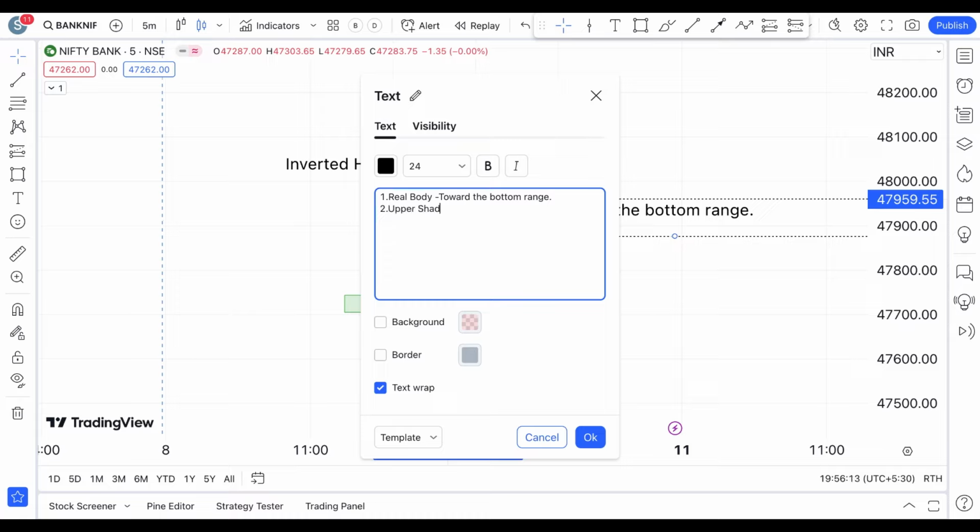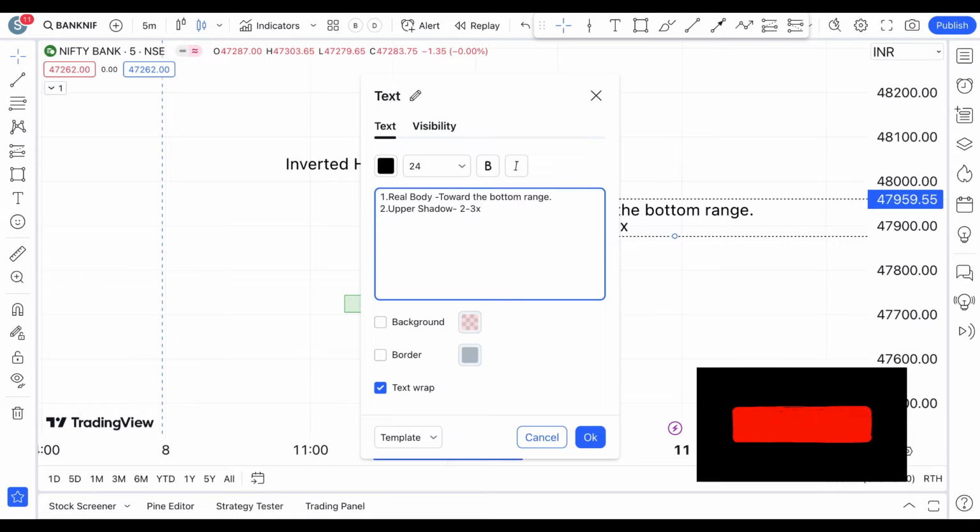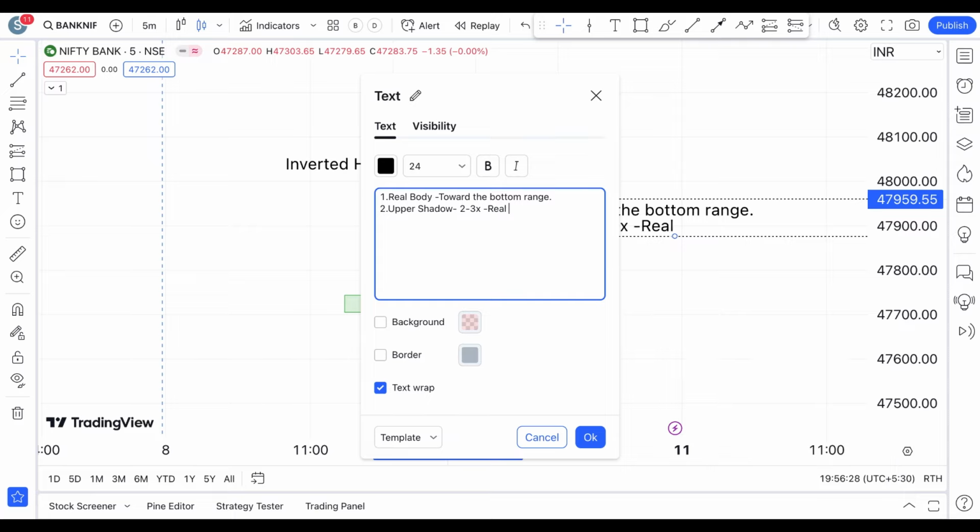Your next point is that you need to have an upper shadow which is 2 to 3 times more than the real body of the candle. And your third point is that the bottom shadow should be less than the real body.